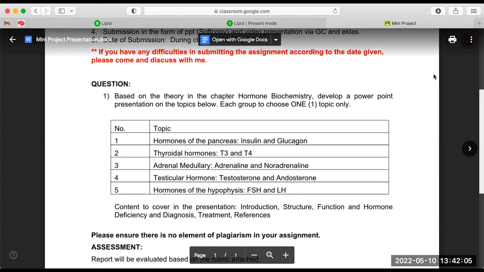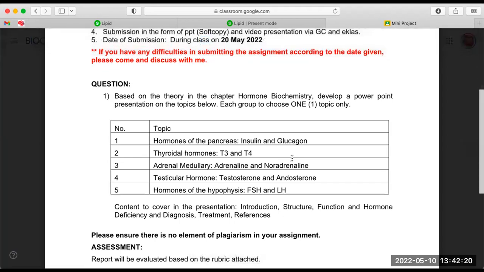Intro means you can say maybe the background of the hormone, a very brief on the function, where it is produced, very briefly on the hormone itself, maybe the importance of the hormone, but very briefly inside the introduction. For example, if we are taking adrenaline and noradrenaline, maybe in the introduction you can tell which group adrenaline and noradrenaline belong to.